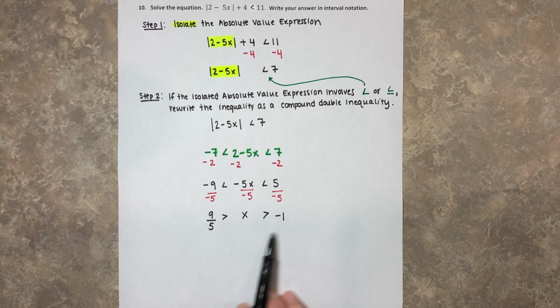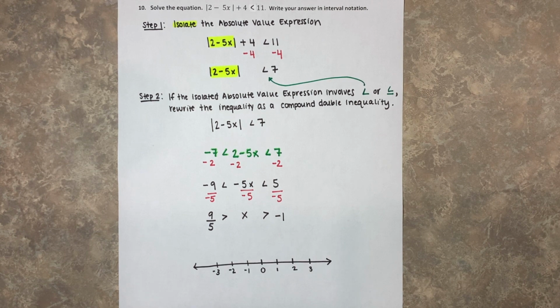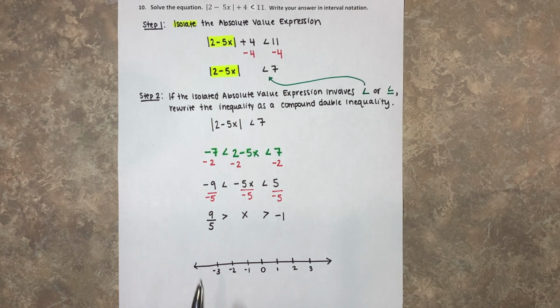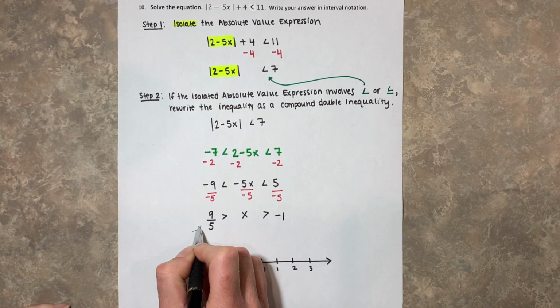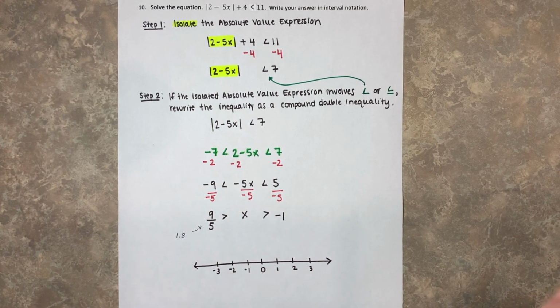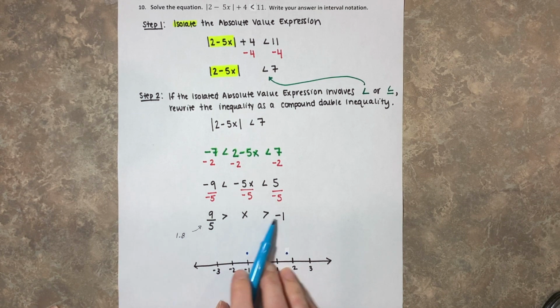To convert this answer to interval notation, you might find it helpful to graph this on the number line. And to help us graph this on the number line, I'm going to convert this to a decimal. 9 divided by 5 gives us the decimal 1.8. And I'm going to start by just making a dot around 1.8 on the number line, and then I'm going to make a dot at -1. So this says that x is between -1 and 9/5, so x is any value along this line here.